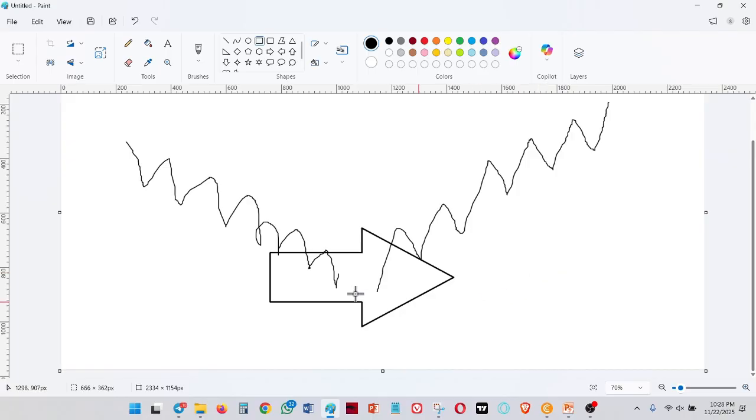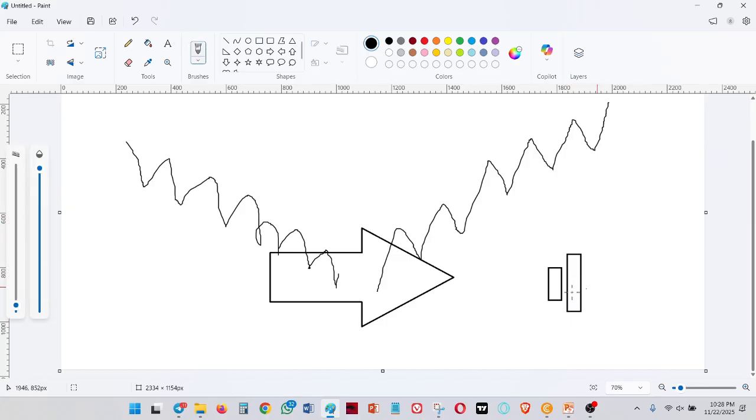Because price is moving from left to right, it is the left candle that should be small and the right candle should be bigger. Because if the right candle is bigger, it tells you that price is about to pump to the top side.